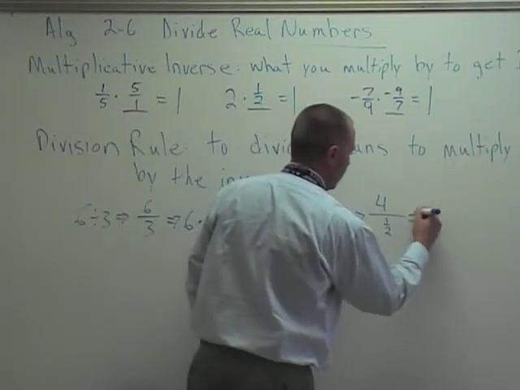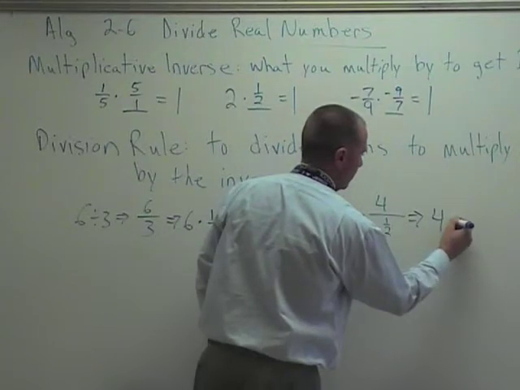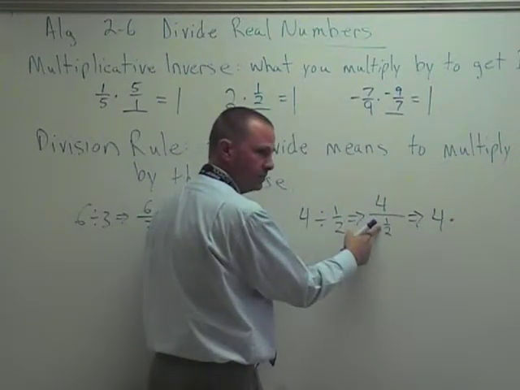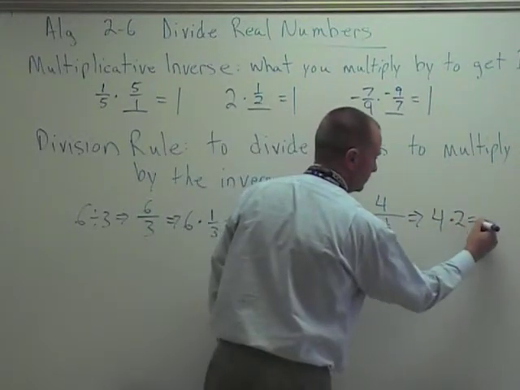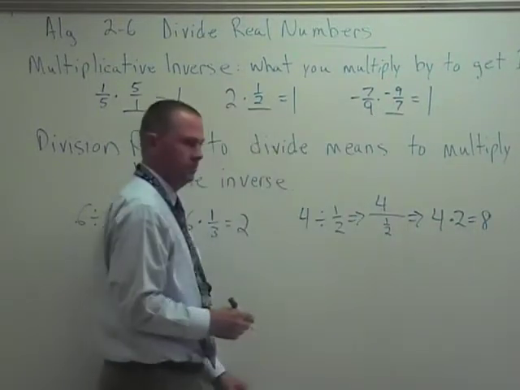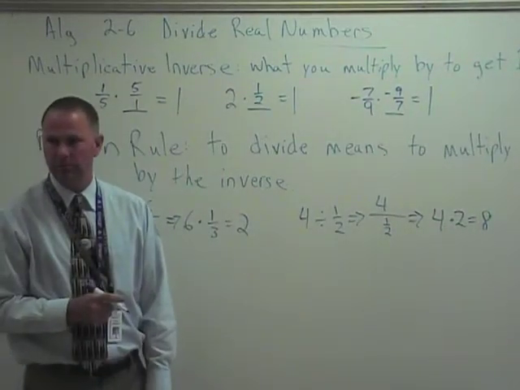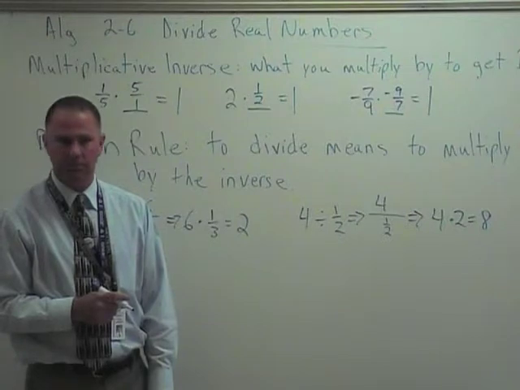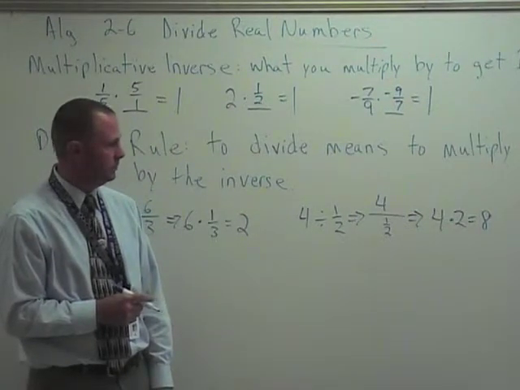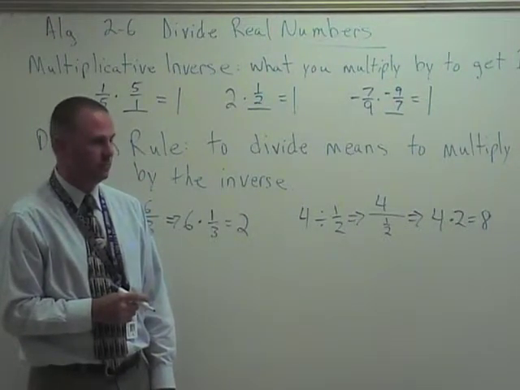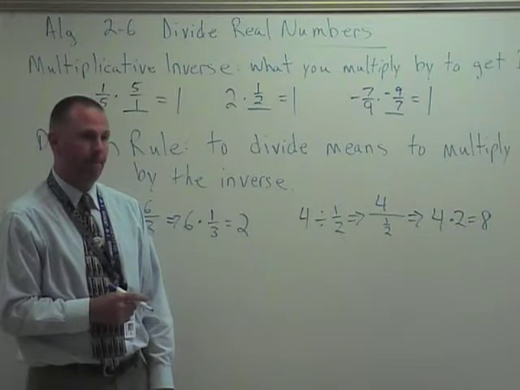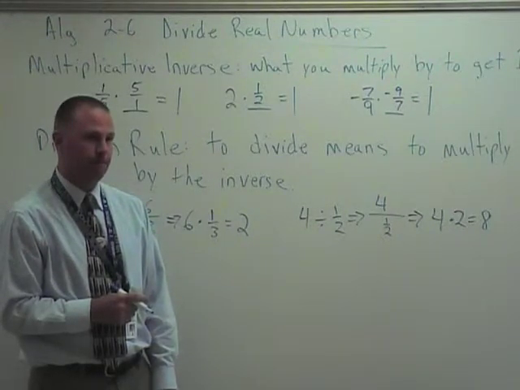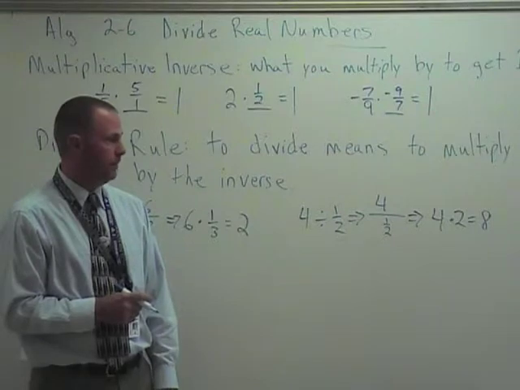So you really are taking 4 and multiplying it by the inverse. You can get it positive. You just put 4 over 1 and then multiply by 2 over 1.